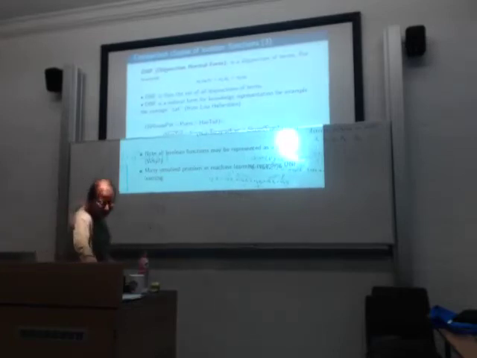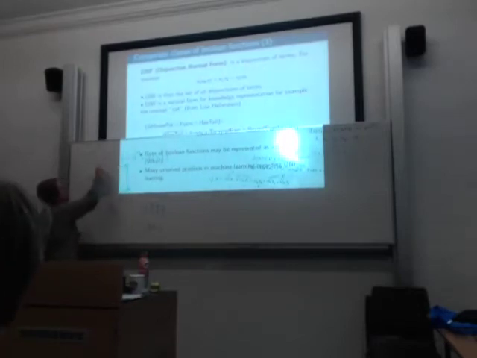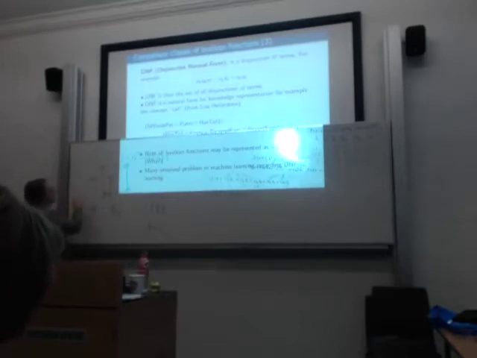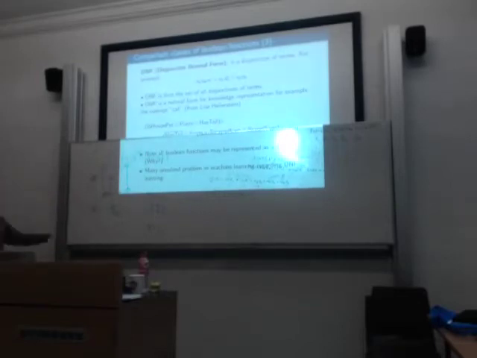Maybe I'll make green false. Green's false, red is true. So how many ways can I color this hypercube's corners? 2 to the 8 ways of coloring the hypercube's corners.